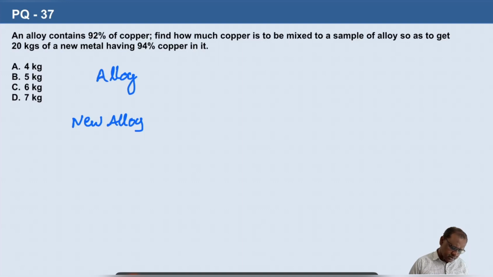So it has copper and apart from copper we have other metal. We don't know what is that other metal. We'll write it as other. So it has 92% copper and remaining 8%.